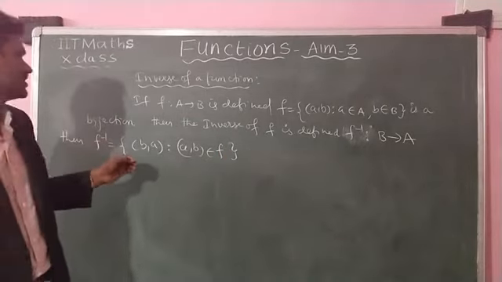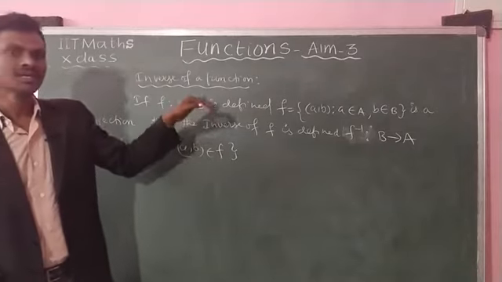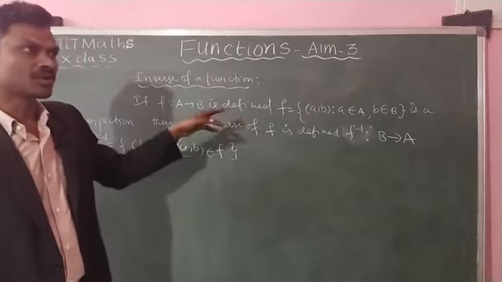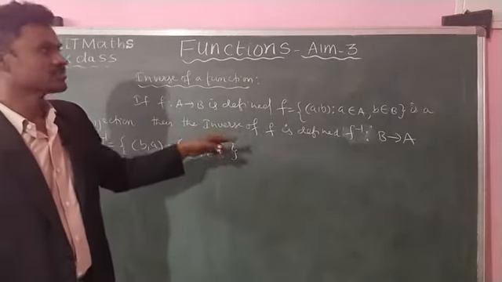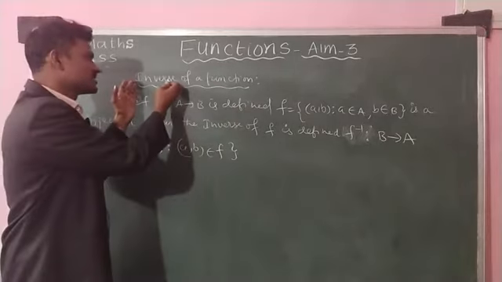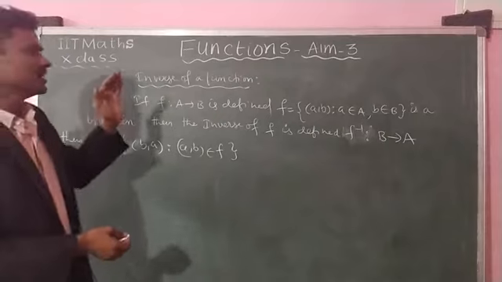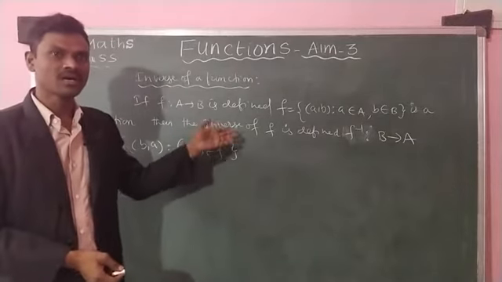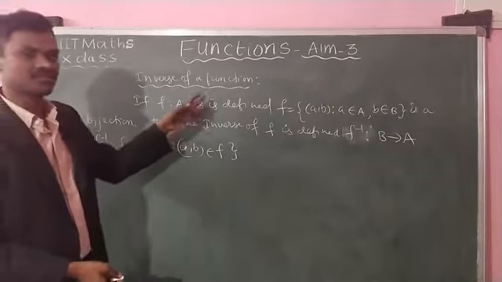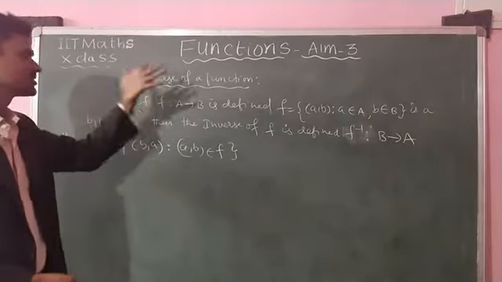Once again, listen here. If f is a mapping from A to B defined as the ordered pairs (a, b) where a belongs to A and b belongs to B, and it is a bijection. First, for an inverse, it must be a bijective function. Bijective function means it is a one-one function and an onto function. One-one is another name for injective, and onto is surjective. If both are possible, then it is bijective. Bijective possible means inverse possible.